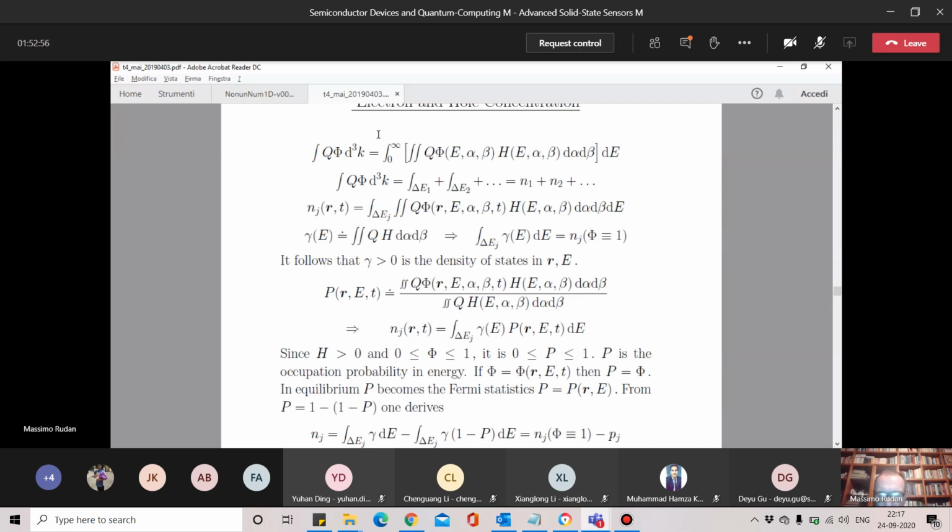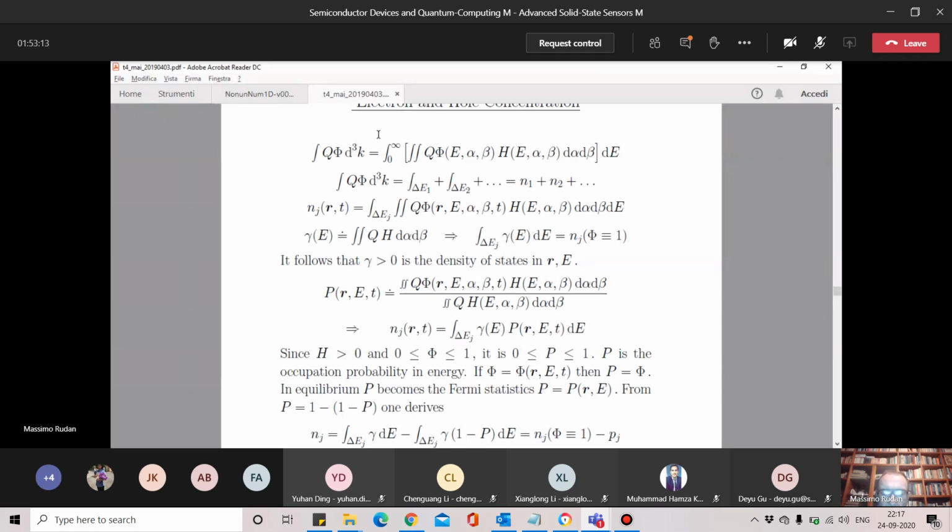P is not the Fermi statistics, because this calculation that we have just finished is much more general. It does not assume any condition of equilibrium. It's completely general, okay?